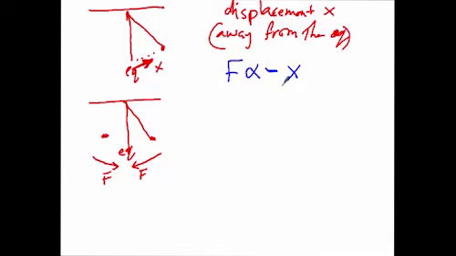It means, for example, when here the restoring force equals 0. Why is this? Because we have here mg and we have the tension upward. They cancel each other, so the restoring force equals 0.